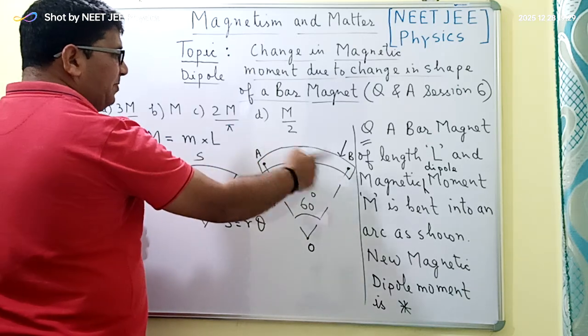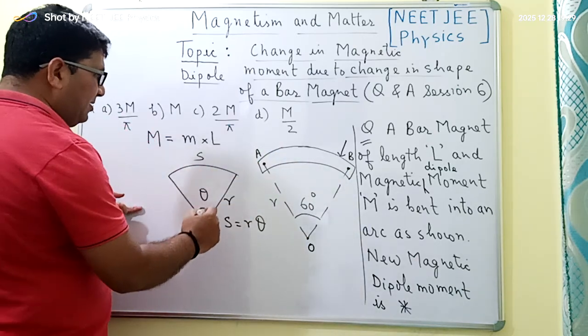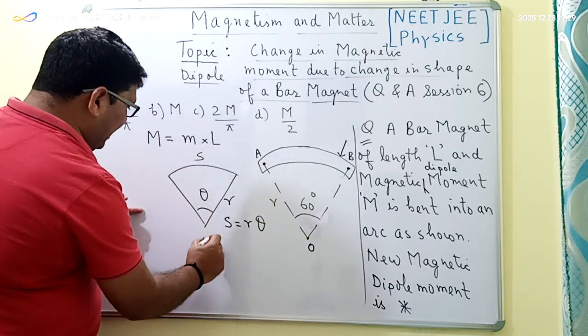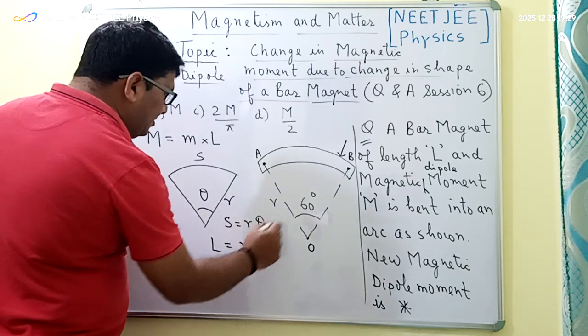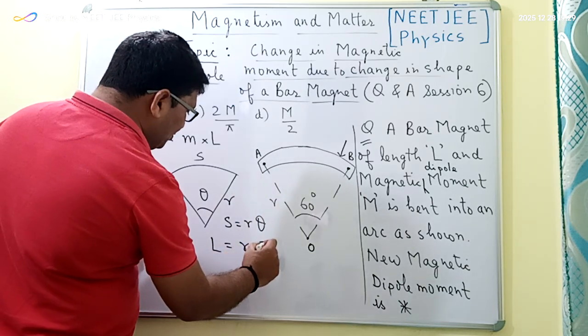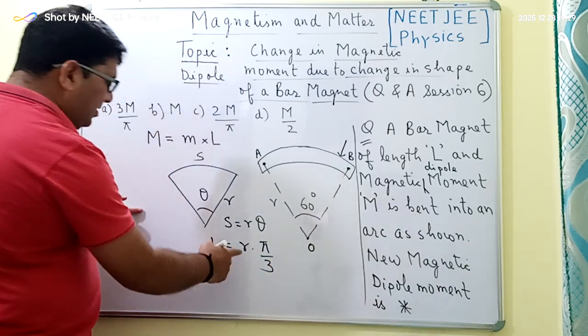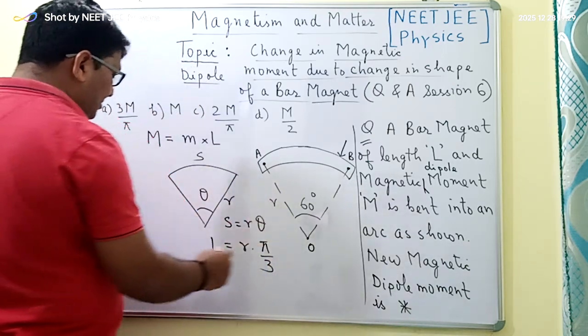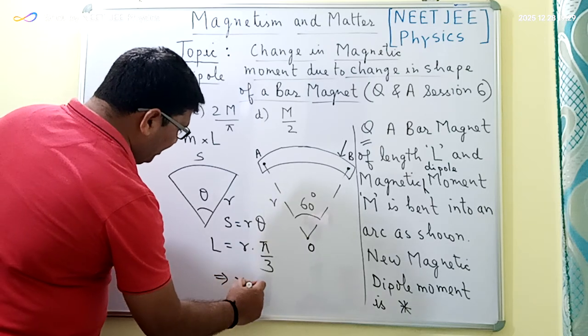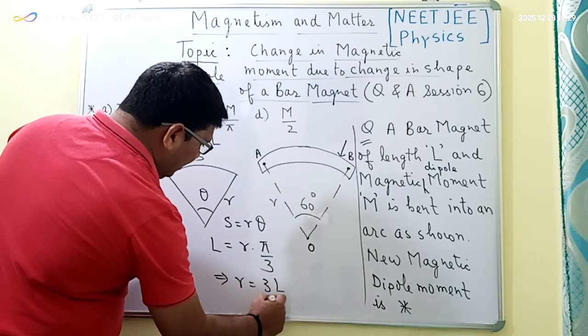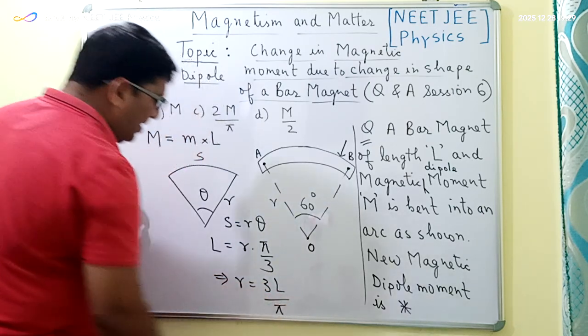When this is bent into the form of an arc, L will be equal to R into theta. Now theta is equal to 60 degrees, so this is equal to pi by 3. So it implies that R will be equal to 3L upon pi.